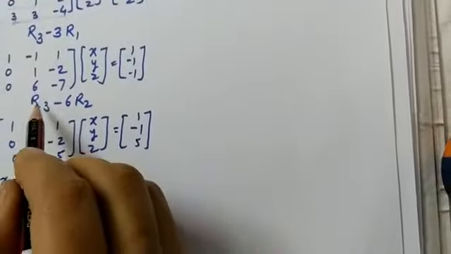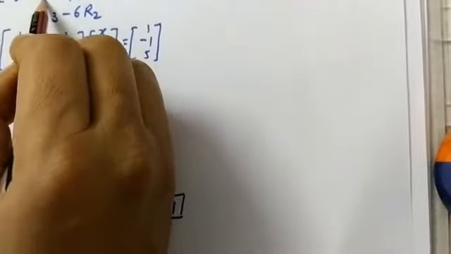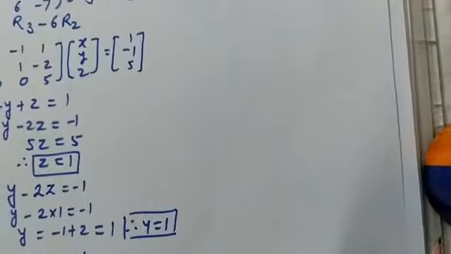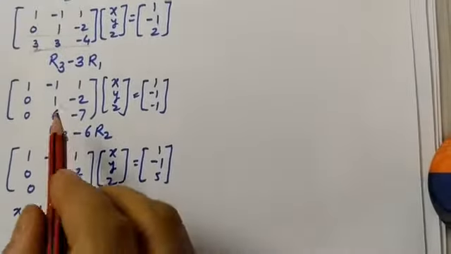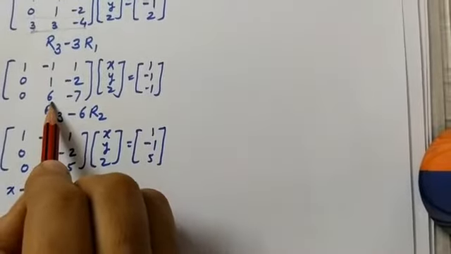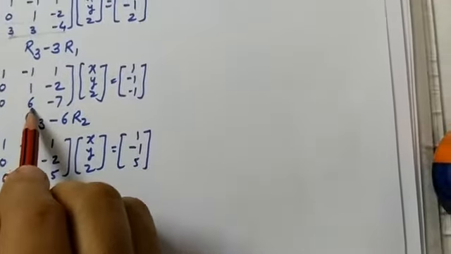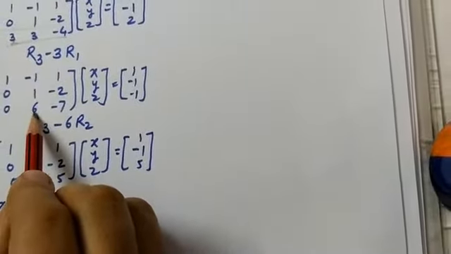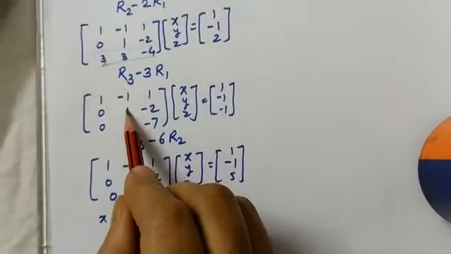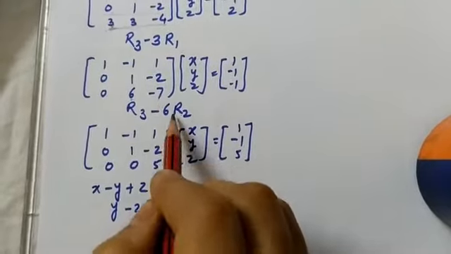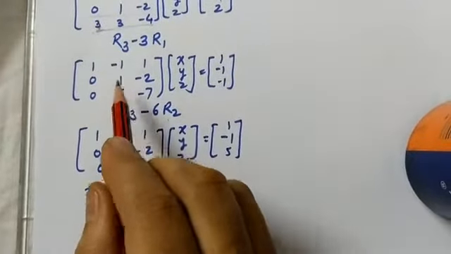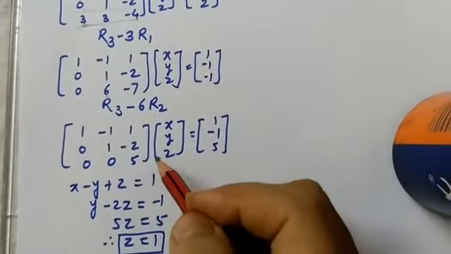Now at this place we don't want 6; we want 0. For that, we perform R3 minus 6R2. Then 6 minus 6 becomes 0 and our target is finished.